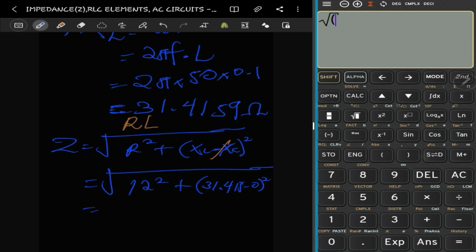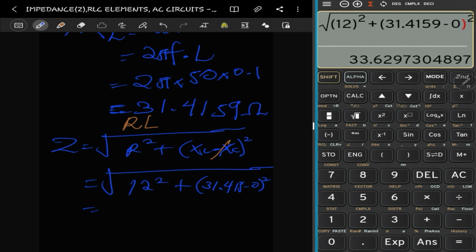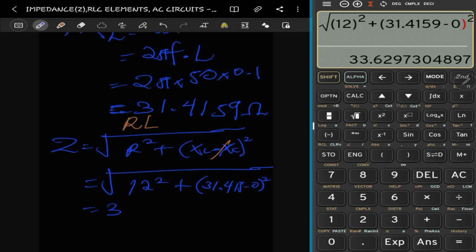When I'm punching this, I put everything there and put the values in later, so I don't miss anything. I put a minus here, so if I miss something, the calculator will show an error and I know I've left something out. 12 here, 31.4159 here, and here is 0. Not important, but I put it there just for me to see what I'm doing. So that's 33.62 ohms, right?